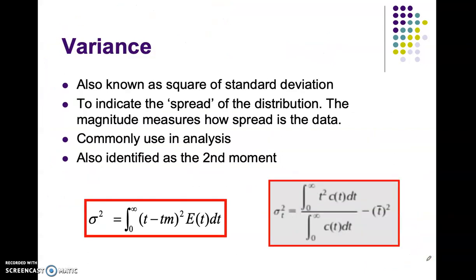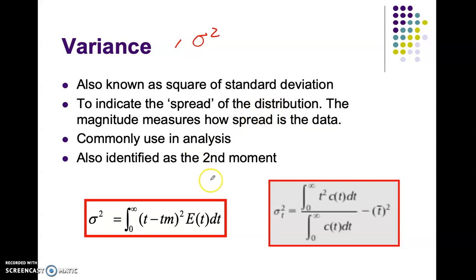Next is the variance, known as sigma square. Your book also uses sigma square. It indicates the spread of the distribution, how good the data given out by the tracer is. If the variance is big, meaning your standard deviation is big, there's a lot of error.